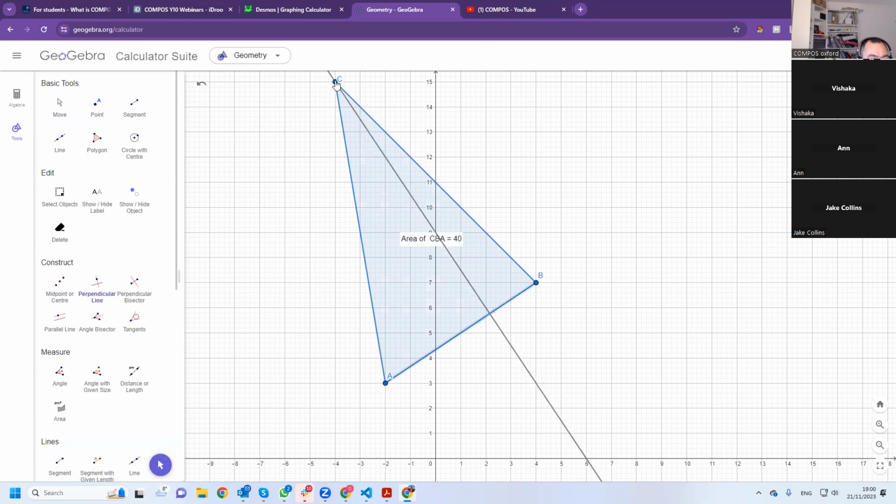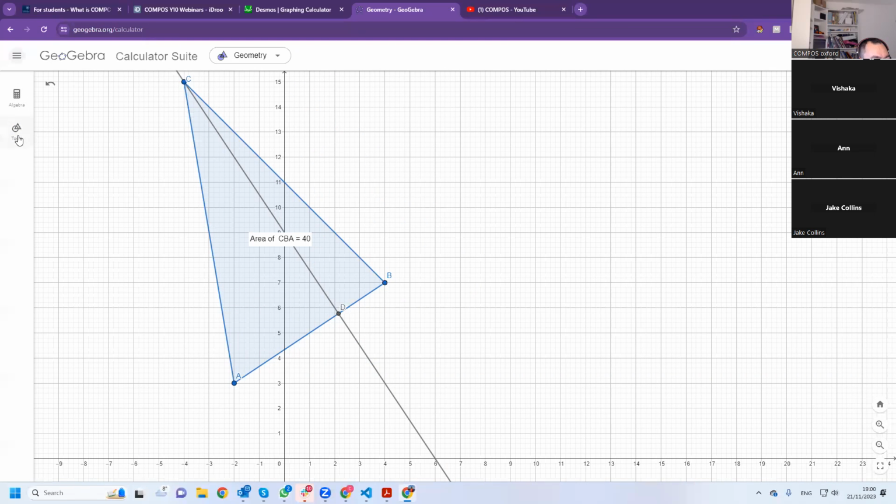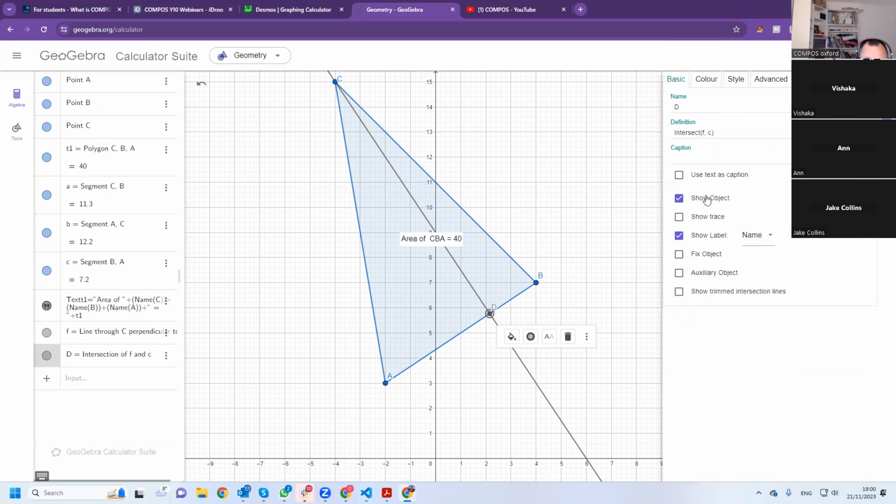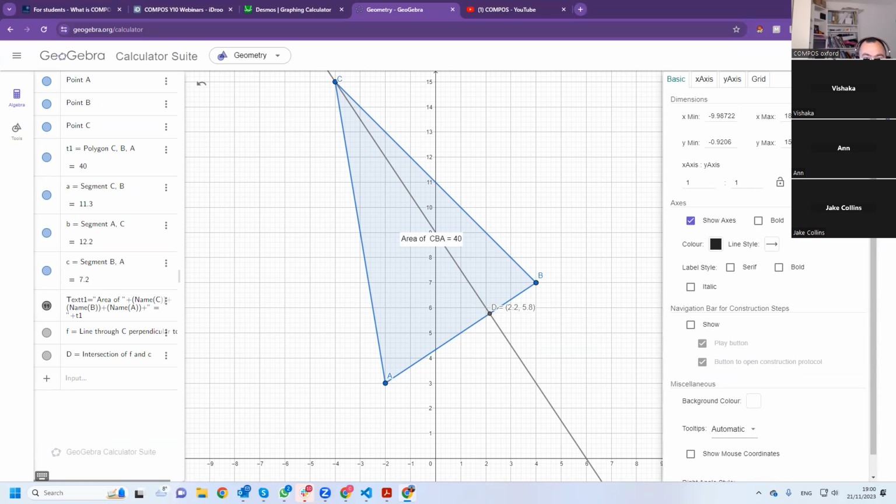And let's find the point of intersection, D. 2.2, 5.8.